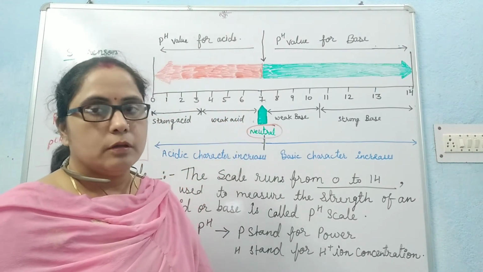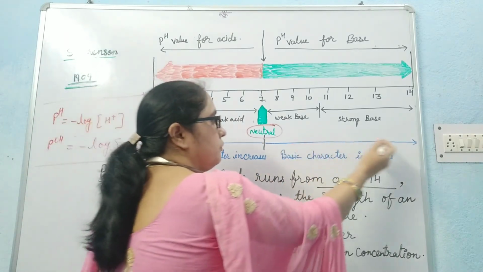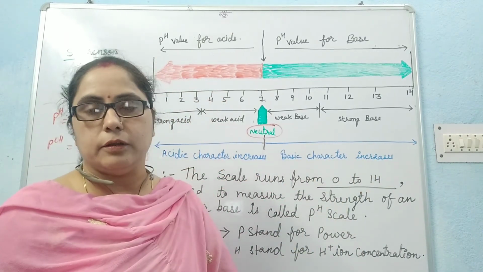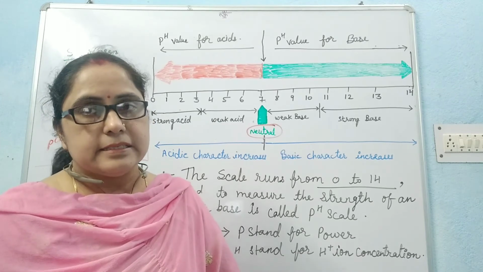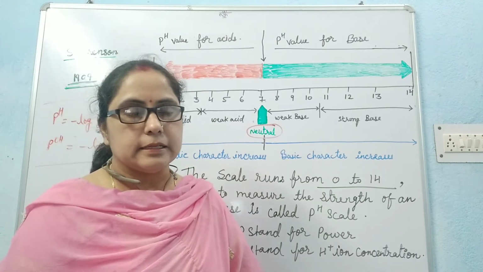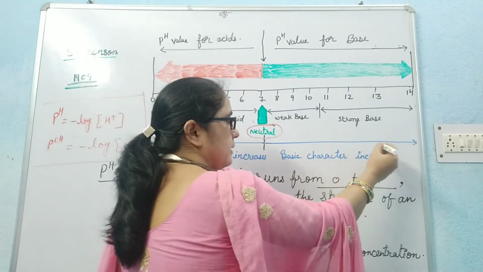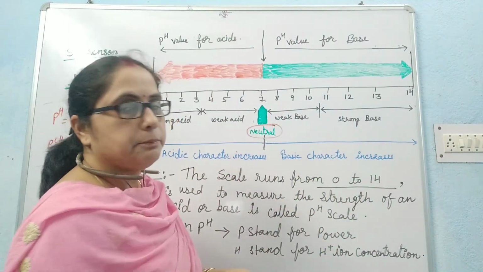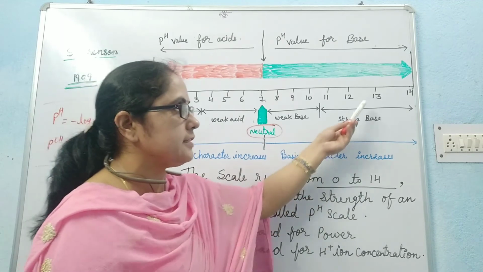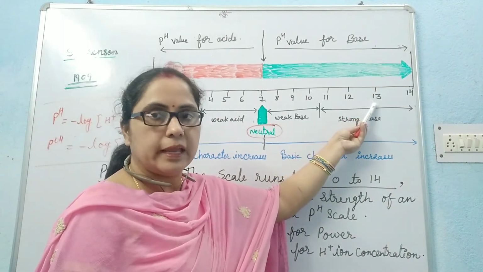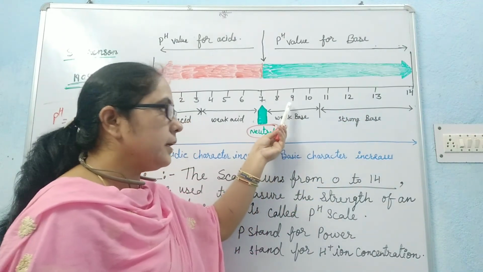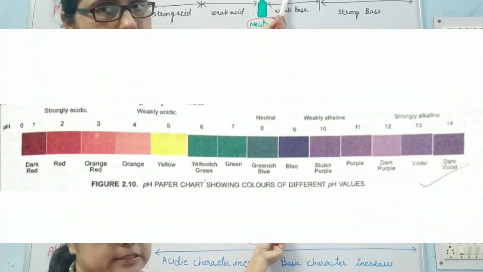As we move onward from 7 to 14, the pH value increases. As the pH value increases, the basic character of a given solution increases. If the pH value of a given solution is 13, it is strong base. If the pH value is 9, it is weak base.